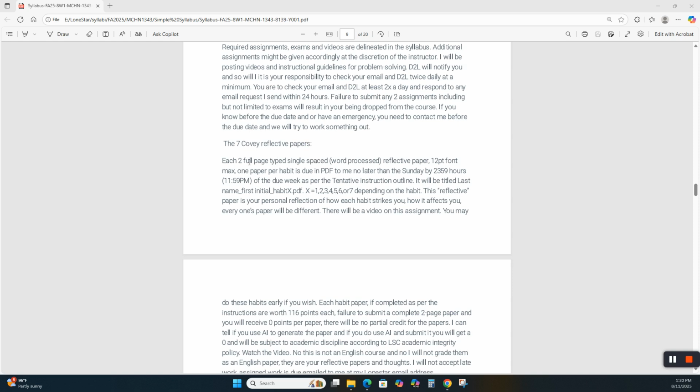All right? Each is a 2 full-page typed, single-spaced, word processed reflective paper. 12-point font max, 1 paper per habit is due. 1 2-page full paper is due no later to me than the Sunday by 23:59 hours.